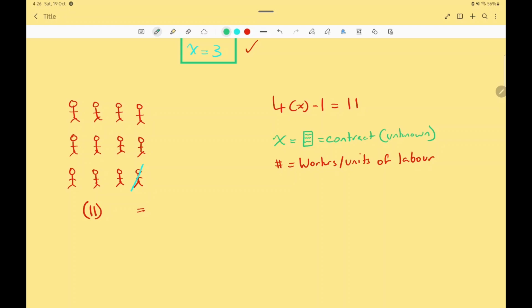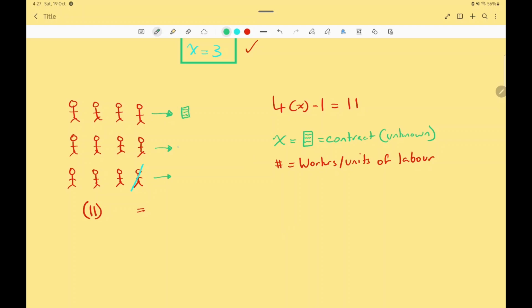And so to solve for x, I'm going to have 4 people multiplied into x number of contracts minus 1. And when you solve it down, x is equal to 3.